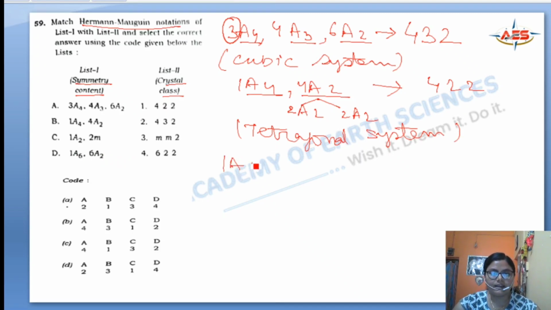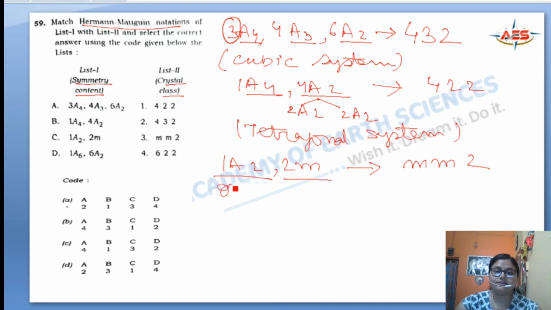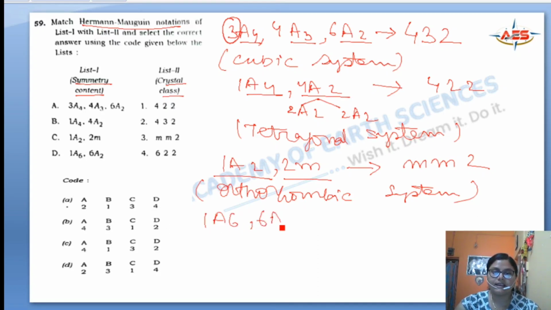Third, 1A2 and 2M. In 1A2 and 2M we have one diad axis and two mirror planes. Which class does this represent? That is mm2, and in which crystal system is it found? That is orthorhombic. Okay, now last we have 1A6 and 6A2.